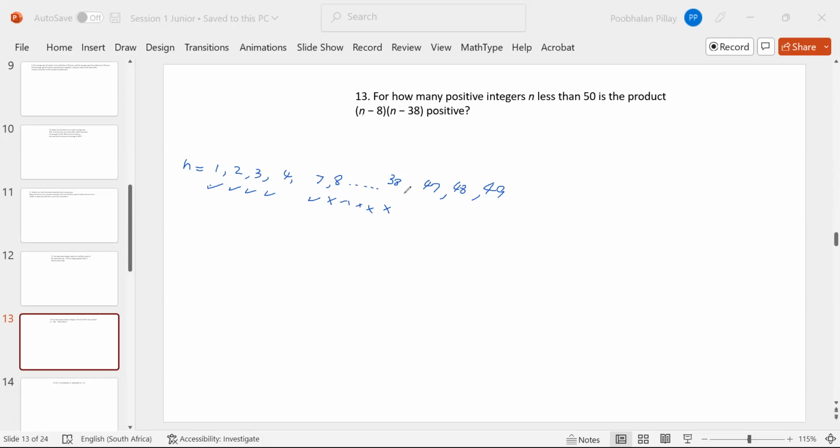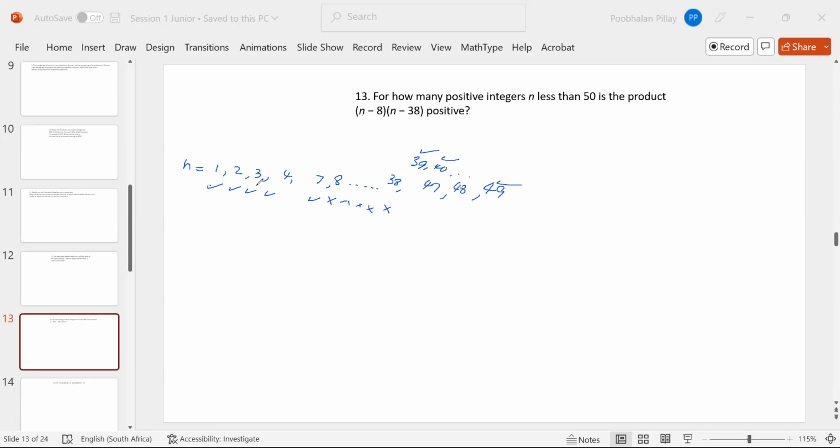But from 39 onwards, when you put n equals 39, 39 minus 8 is positive, and 39 minus 38 is also positive. So 39 and 40 and all these are positive, going up to 49.